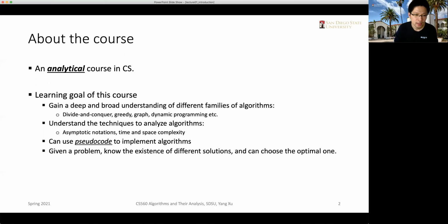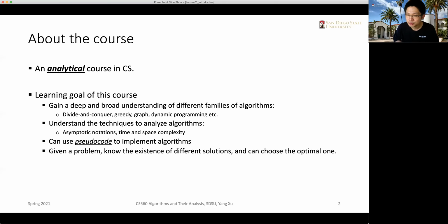The last learning goal is that we want you to learn something very flexible and useful. Given a concrete problem in the real world, you will be able to know how to solve it using algorithms.